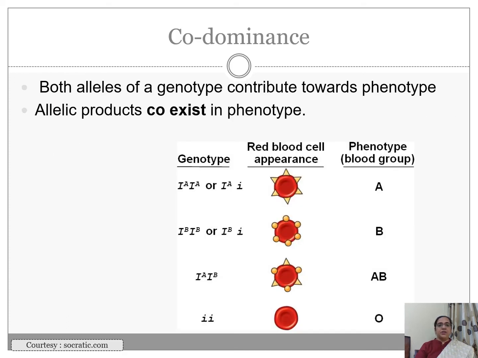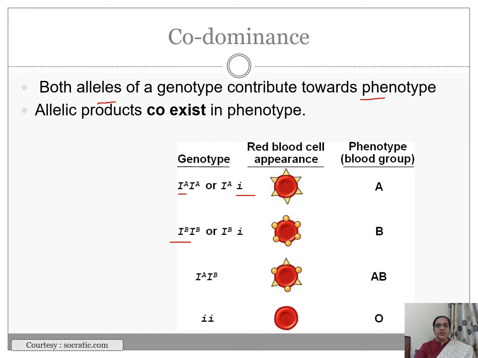Another exception is codominance. Here both alleles of the genotype contribute towards phenotype. So here you can see that blood group of we people is determined by three alleles, capital IA, small i and capital IB.